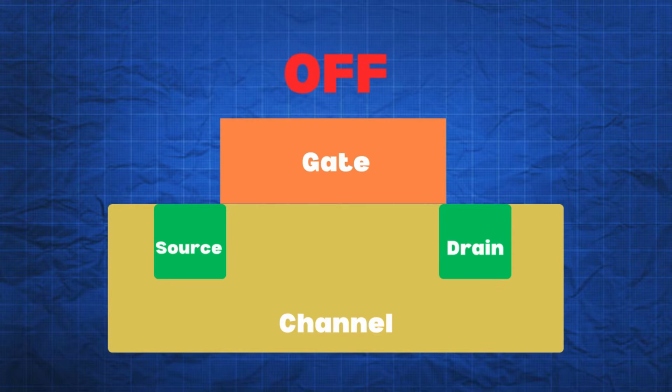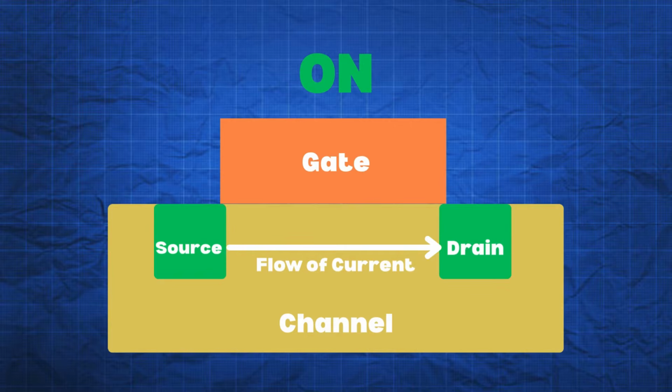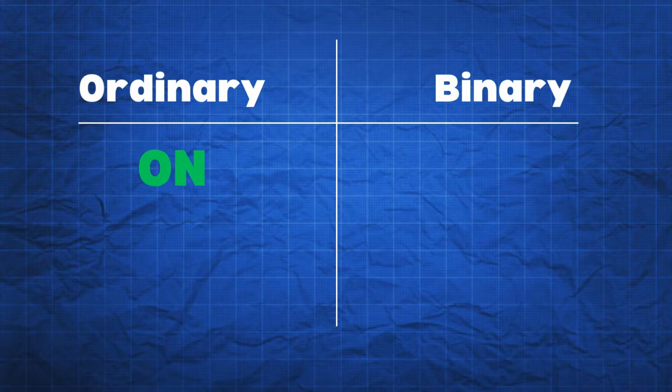So when the gate is closed or off, current can't flow, and when on, current will flow between the source and the drain. Pretty simple, right? We can actually represent this in binary form. When the transistor is on, this is 1, and when off, this is 0.